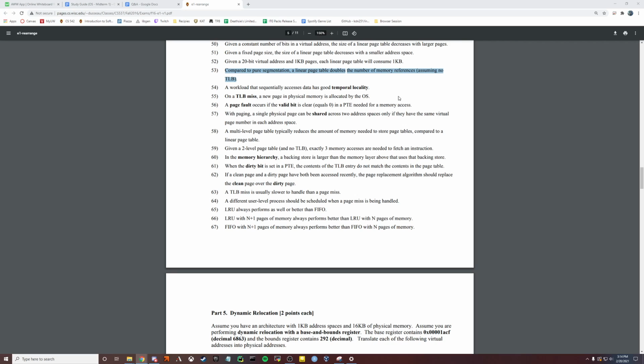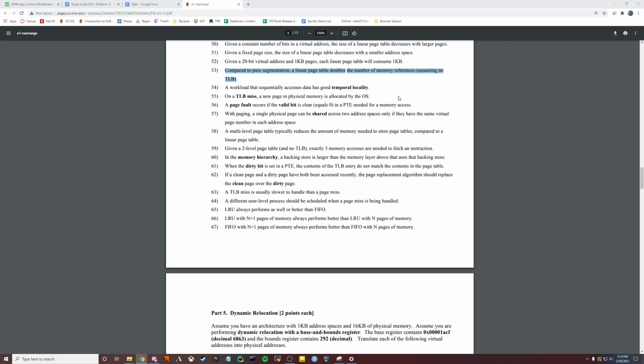I have no idea for this one. I mean, it certainly increases if you're looking up memory in your linear page table.